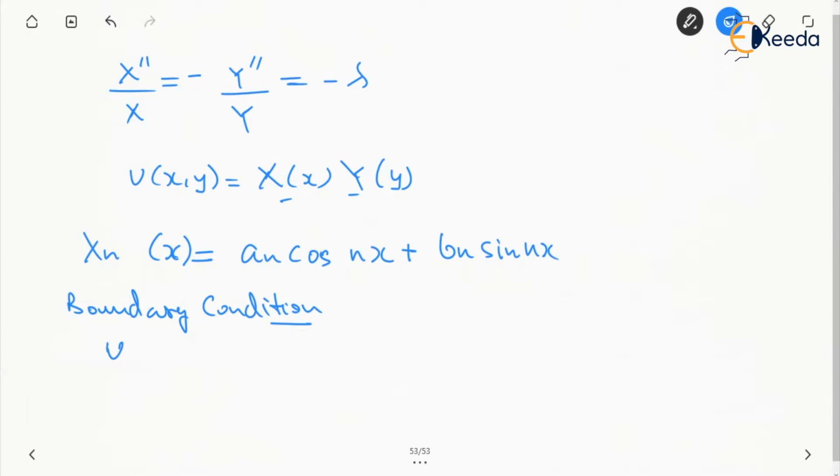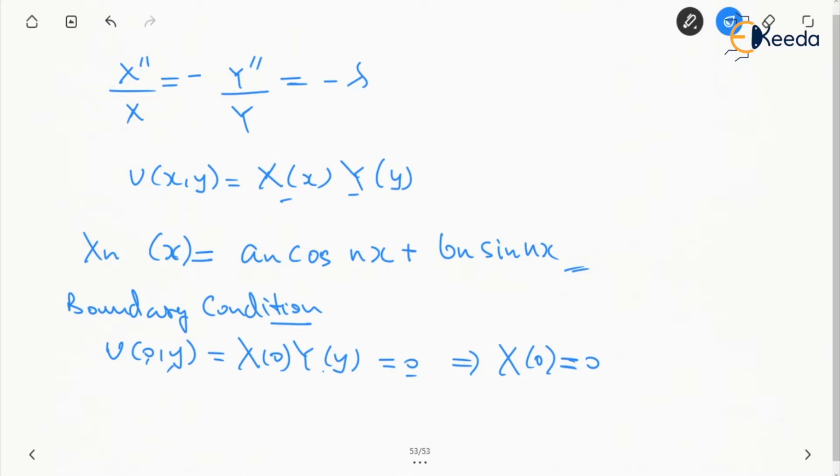So this is x value, this is y value, so that means X of 0 and Y of y, and it is given as 0. Obviously Y of y cannot be 0 to make this 0, because in that case the entire function will become 0. So what we can conclude is X of 0 should be equal to 0. And we know what is X of x. X of x is this.